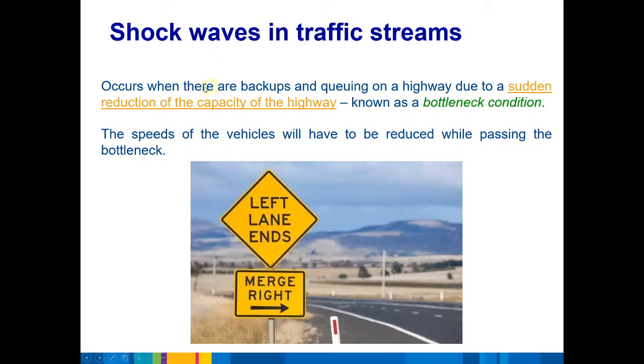So shock waves will occur when there's some kind of sudden reduction in capacity, some bottleneck condition on a highway. The speeds of the vehicles have to reduce while they pass the bottleneck. The common permanent example is a left lane ends arrangement, where we've suddenly reduced the number of lanes. But typically these are placed in such a way as to not cause massive restrictions.